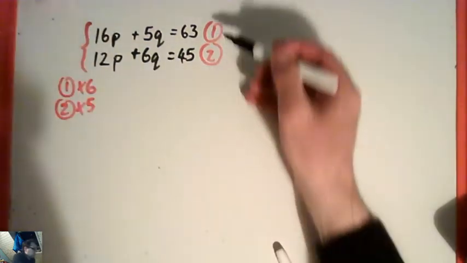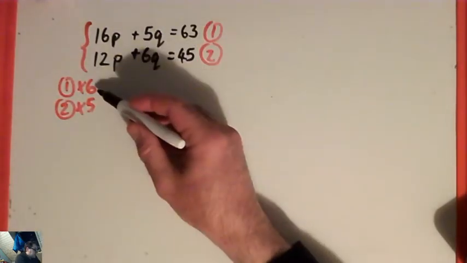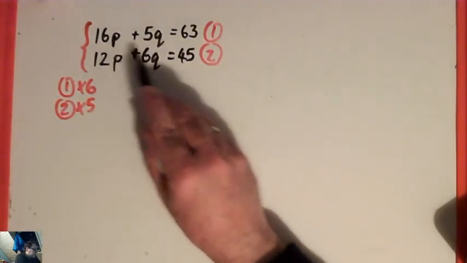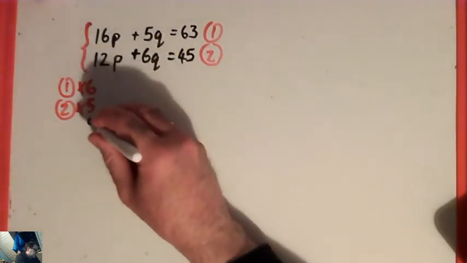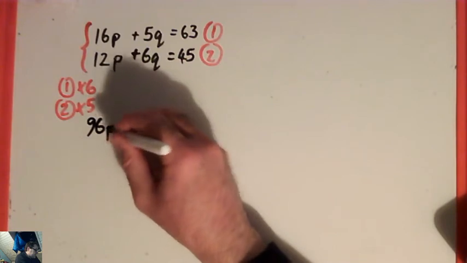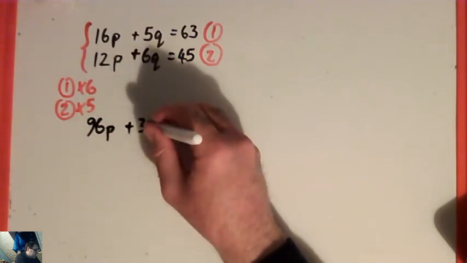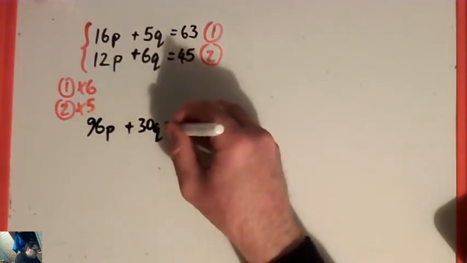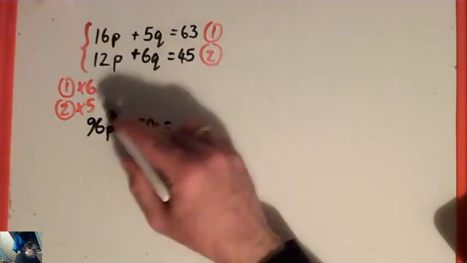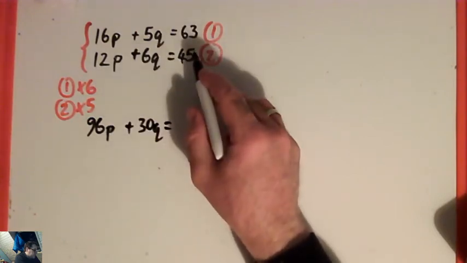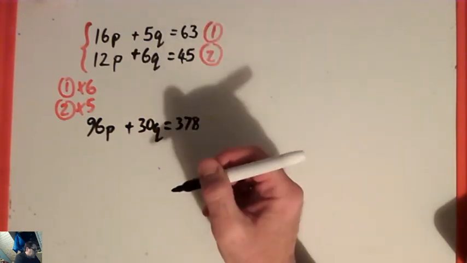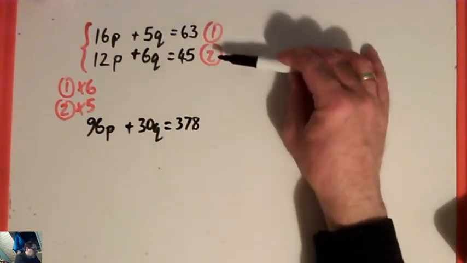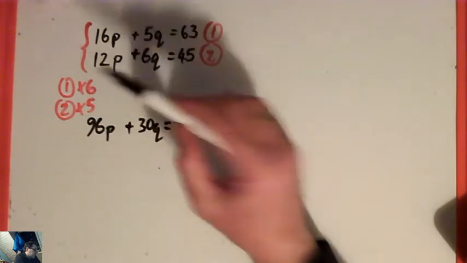So I'm going to take equation 1 and multiply everything by 6. So 16p plus 5q equals 63 is going to become 96p plus 30q equals 63 times 6. That's 378. And then I'm going to take everything in equation 2 and multiply it by 5.